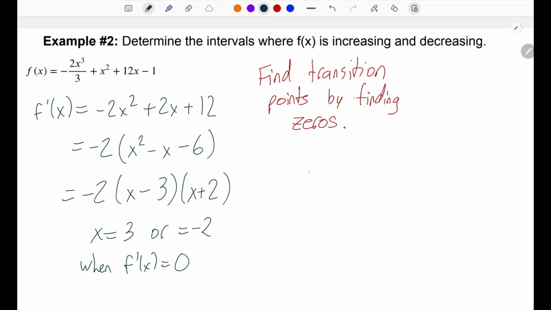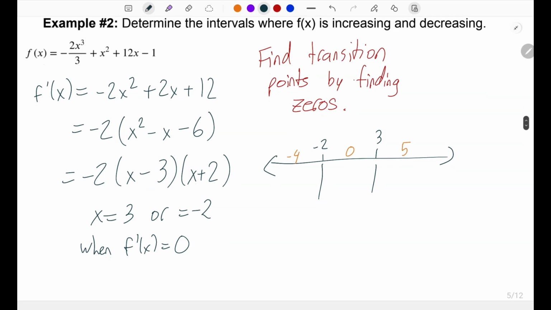So what we're going to do now is let's do basically a number line and just test some values on this number line. So we're looking at negative 2 and 3. Doesn't really matter what numbers as long as they're in the interval. And really all I'm looking for is the sign. So it doesn't matter exactly what this function actually values to.